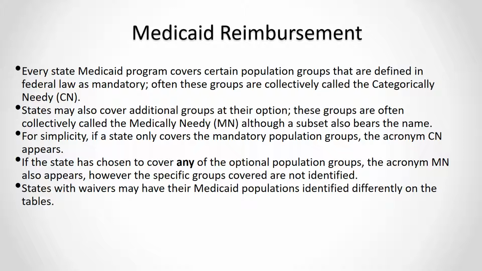However, the specific groups covered are not identified. States with waivers may have their Medicaid populations identified differently on the tables. See the following documents for examples of groups that fall under these two groups.